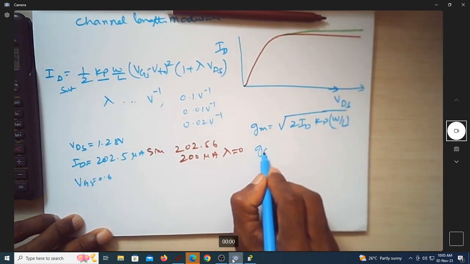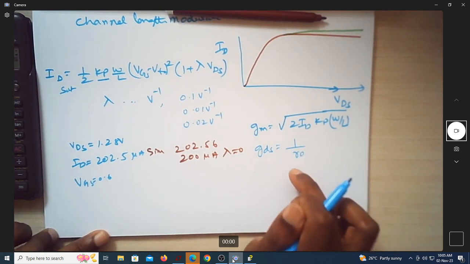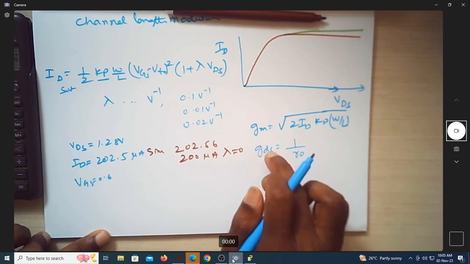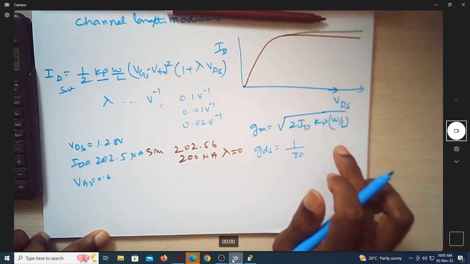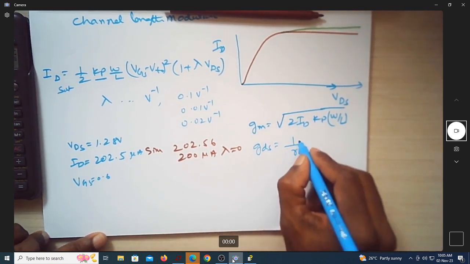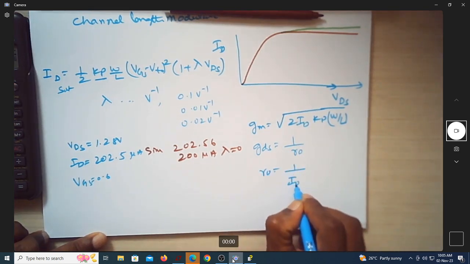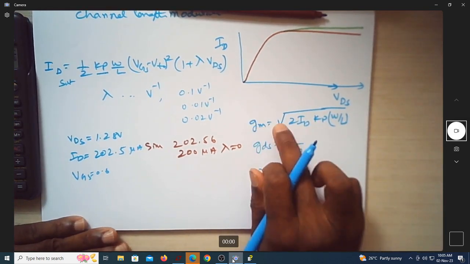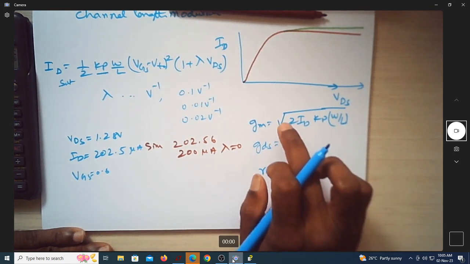And GDS is nothing but 1 over R naught, that is the conductance between drain and source, where R naught is the MOSFET output resistance. The theoretical value of R naught is 1 over ID into lambda, which we'll be deriving in the theory classes. This is the GM value. Now these are the theoretical equations of R naught and GM.